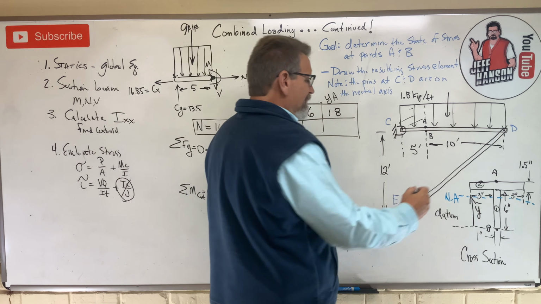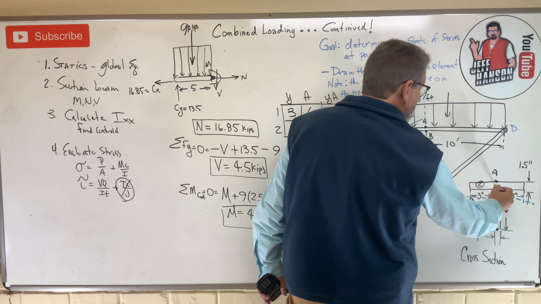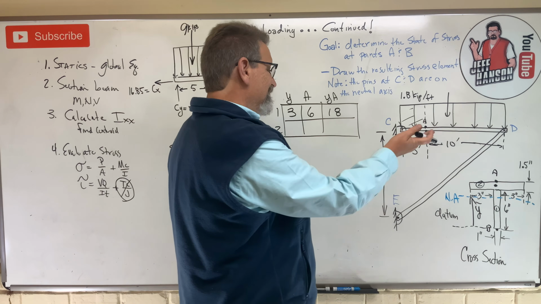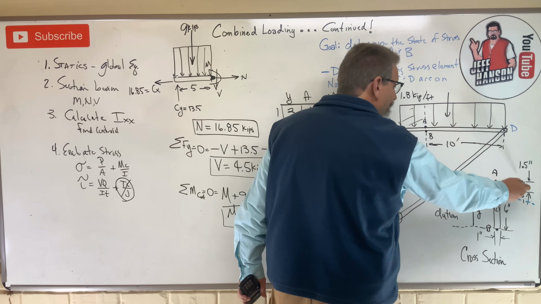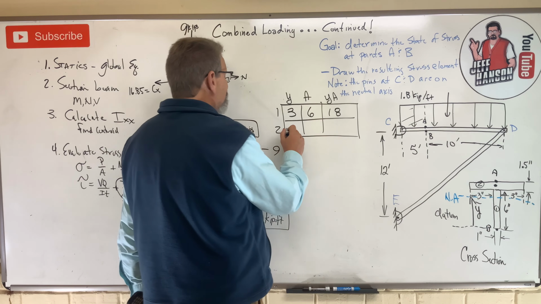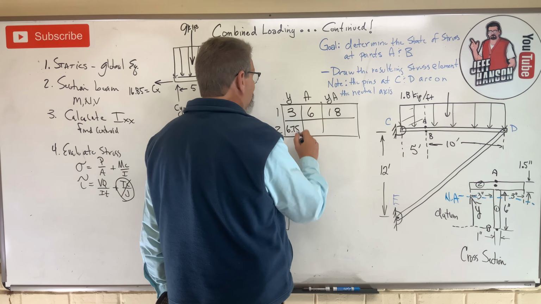Where's the centroid of piece number 2? Right there. How do I get there from my datum? I have to go 6 and then half of 1.5, so that's 6.75.